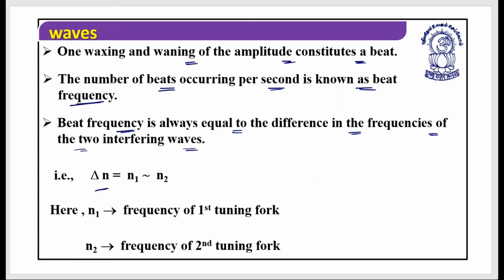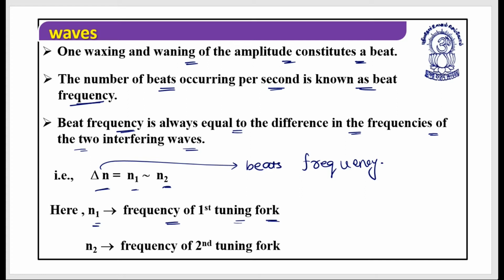So we can say delta n equals n1 minus n2, where delta n is the beat frequency, n1 is the frequency of the first tuning fork, and n2 is the frequency of the second tuning fork. Yes, and their difference will be delta f, which equals f1 minus f2.